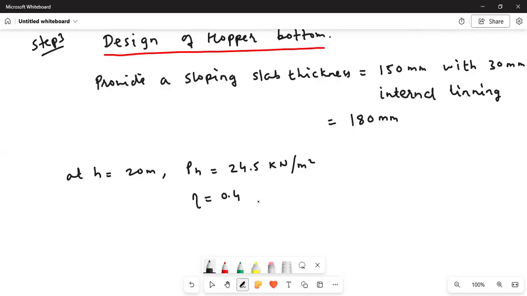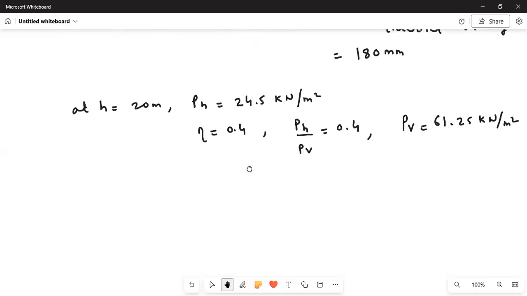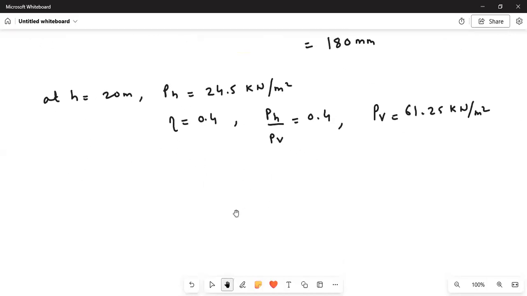We have seen that pH by PV equals 0.4. pH is the horizontal pressure and PV is the vertical pressure. So from this ratio, we can find the vertical pressure, PV, which will be equal to 61.25 kilonewton per meter square.